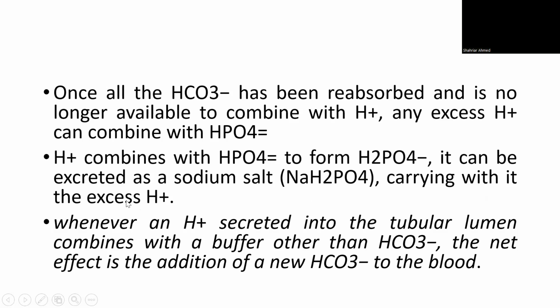It can be excreted as a sodium salt, sodium dihydrogen phosphate, carrying with it the excess hydrogen ion. Whenever an excess hydrogen ion secreted into the tubular lumen combines with a buffer other than bicarbonate ion, the net effect is the addition of new bicarbonate ion to the blood.